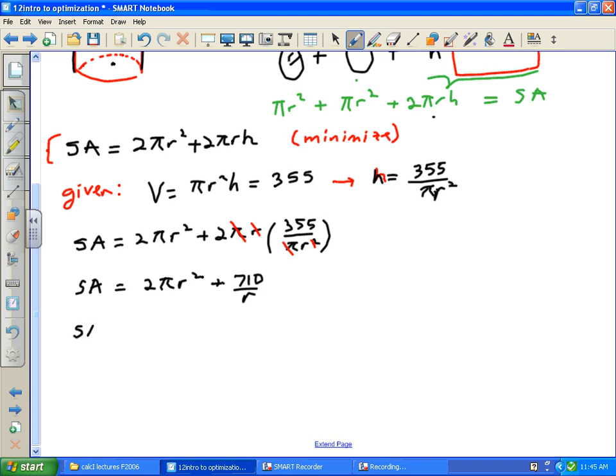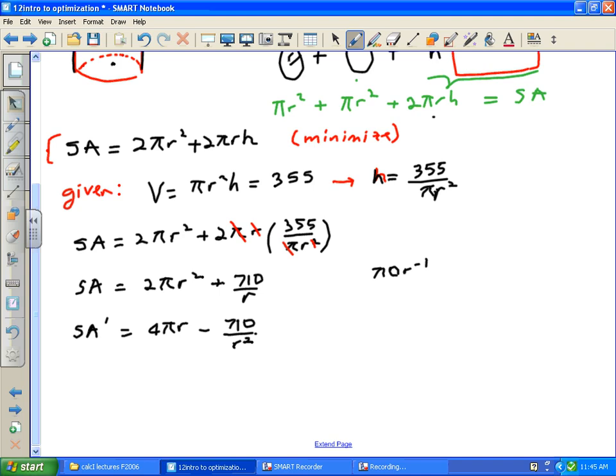So the derivative of the surface area function equals 4 pi r. And to differentiate 710 over r, you can write it as 710 times r to the minus 1. So the derivative will be negative 710 r to the minus 2, which is really the same thing as dividing by r squared.